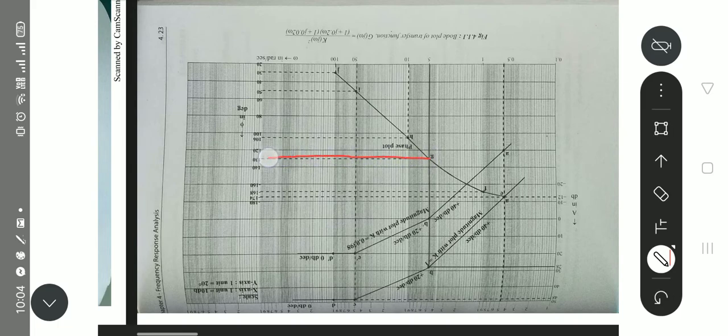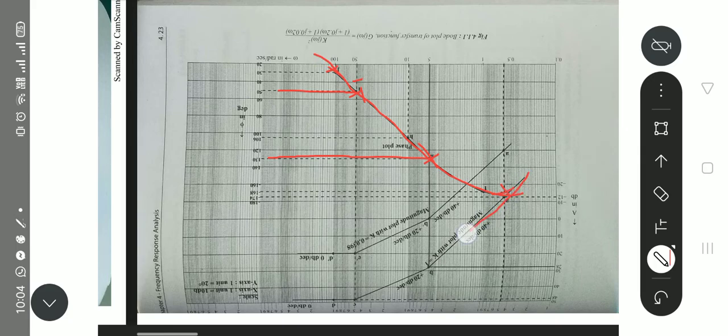The value at 5 is 130. Okay, 50, 50 here, and 100, 30. So the phase is this value.